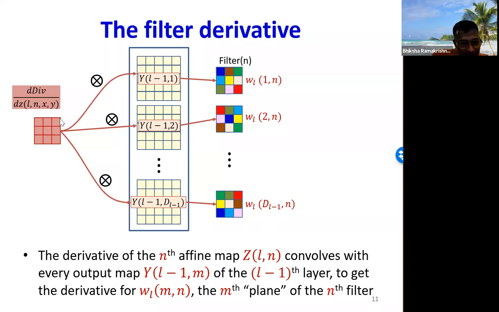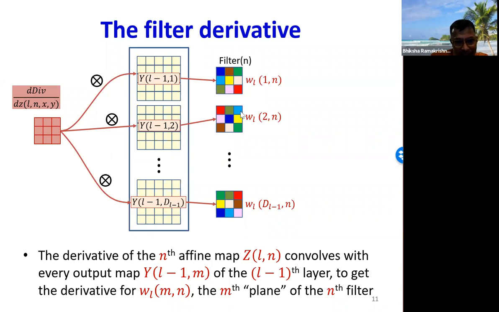So to obtain all of the planes of the nth filter, we picked up the nth affine derivative map of the nth layer and convolved it with each of the activation maps in the L-1th layer.